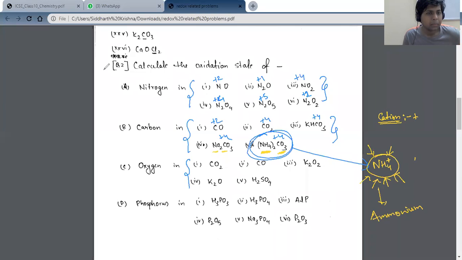Sir, that CO3 minus 2. CO3 2 minus, ठीक है? Okay. So what you have to find out is for carbon. So you will consider this part, ठीक है?